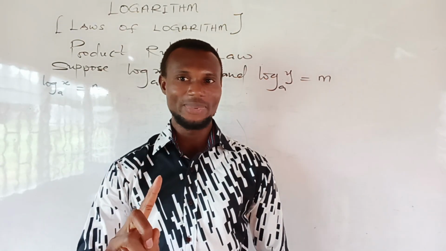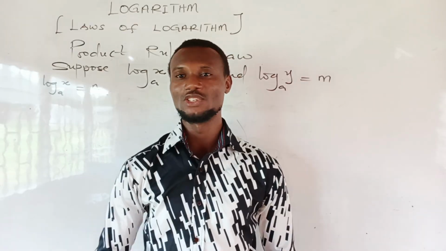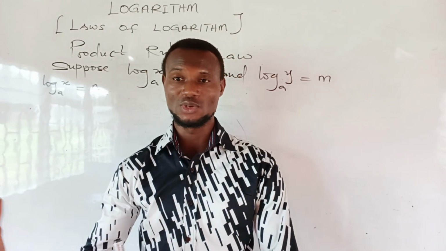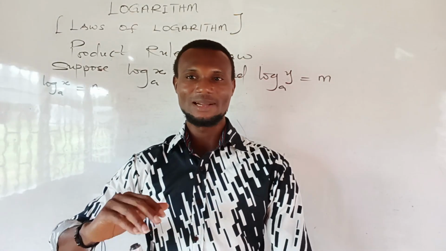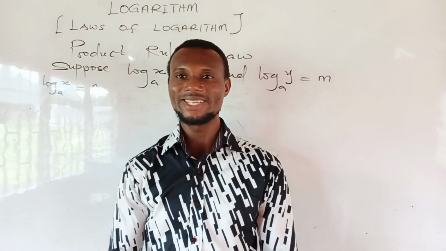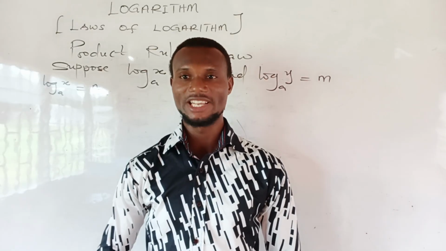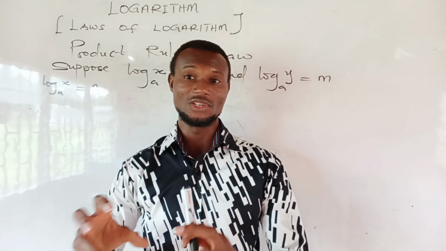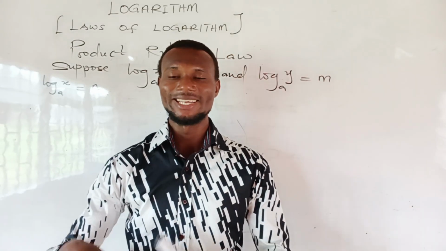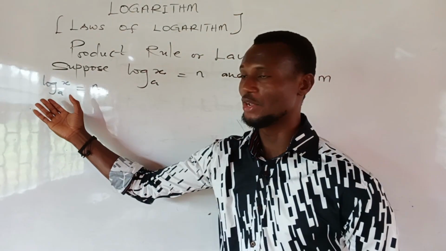So we are going to apply that here. That's why I keep encouraging you to watch the previous videos, because all this I've established in the previous videos. We learned how to convert basic log equations into exponent form.